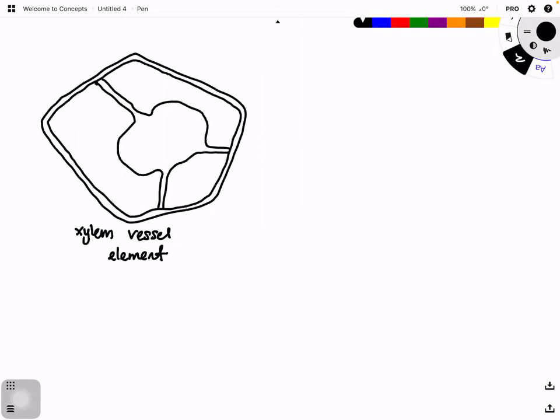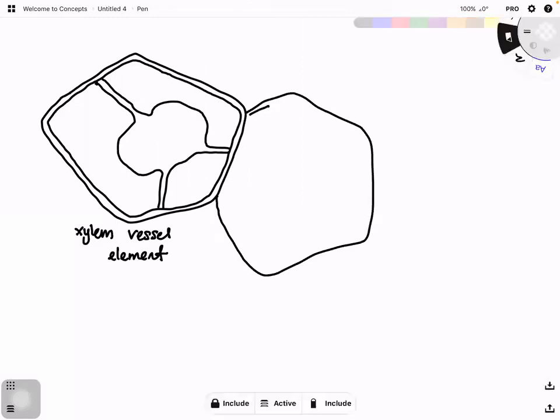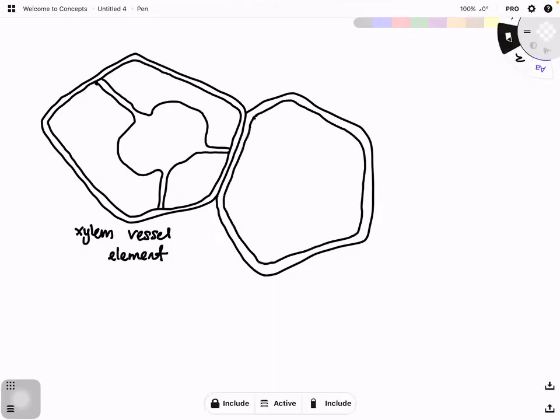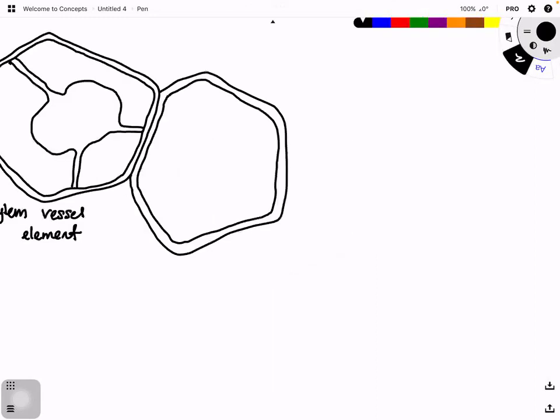Okay, so side by side with the xylem vessel elements, you have these mesophyll cells. So mesophyll cell, again, irregular shape. So we have thin cell wall here, thin cell wall also. Then another mesophyll cell. Don't worry about these guys.